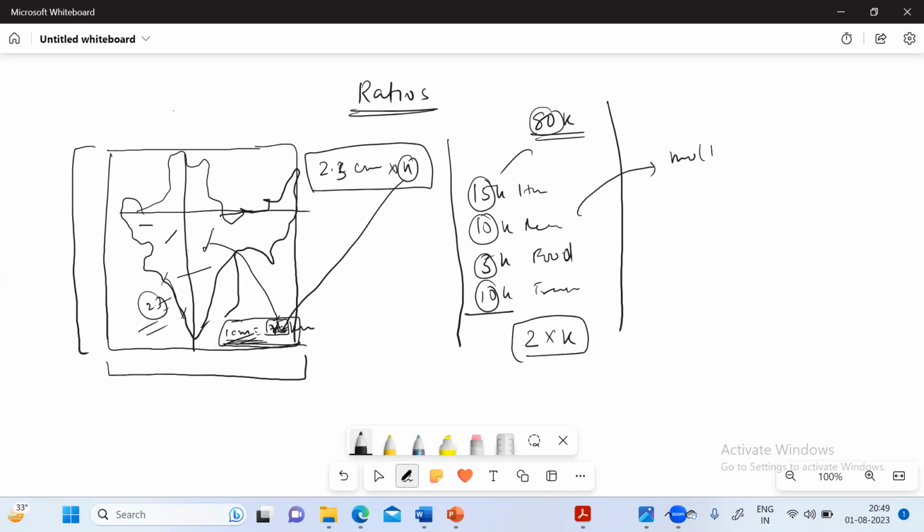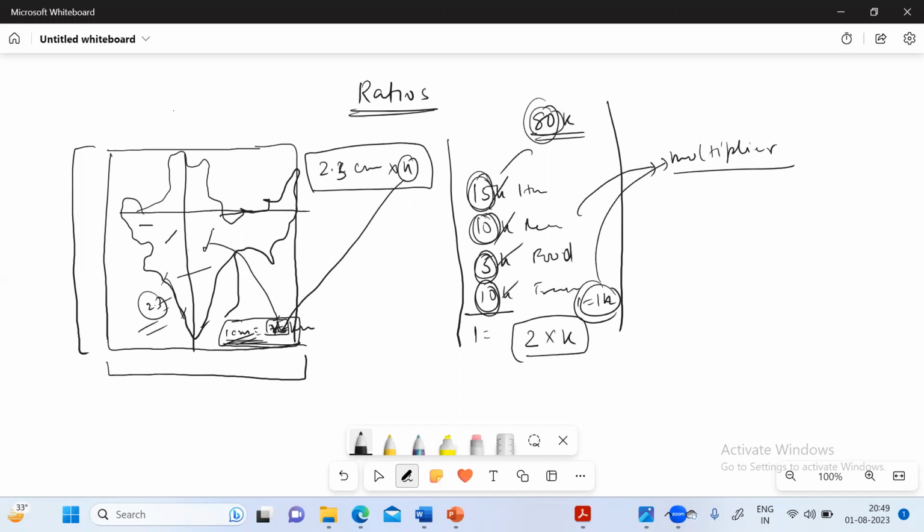In all the calculation we do with this salary, we will not write the K part. We'll just write 15, 10, the numbers, and we know each unit here corresponds to 1,000. So this is how we identify the multiplier.